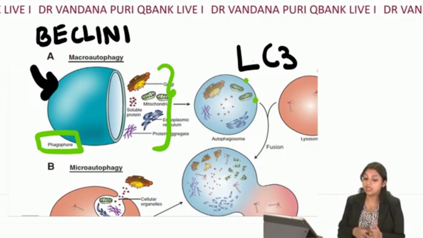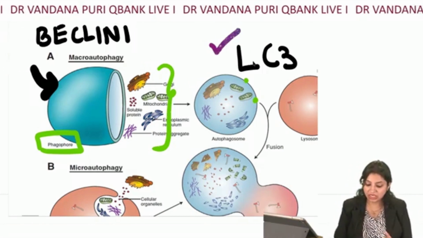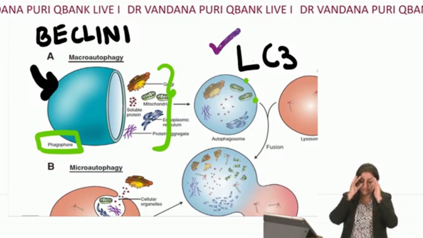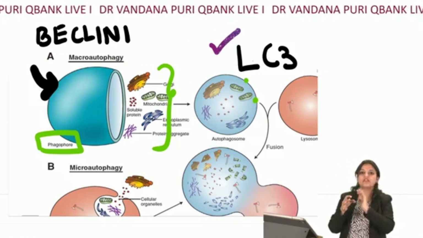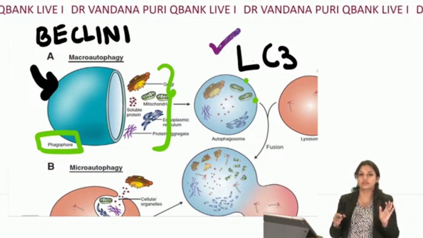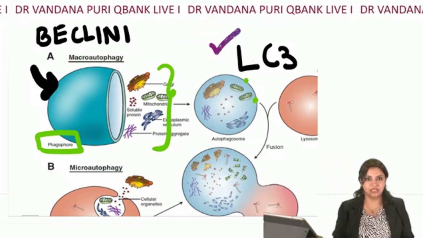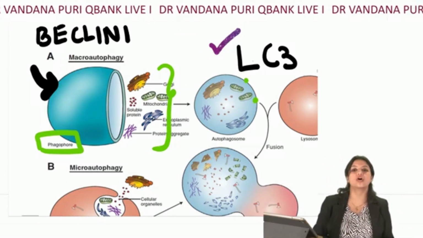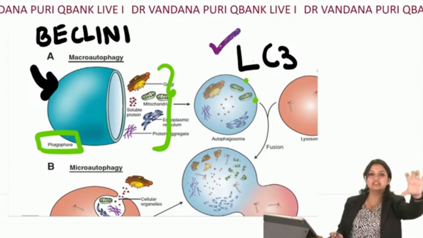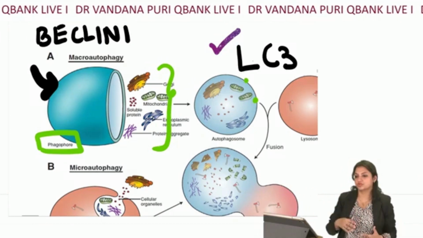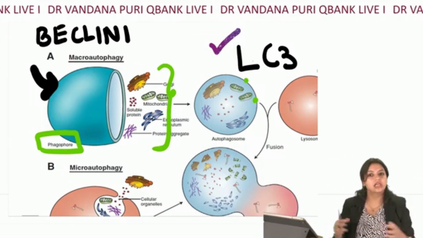Whenever LC3 levels are increased in our body, it is a very, very strong trigger that your body is undergoing autophagy. So what is the marker of autophagy that we use? LC3. Once this phagosome is formed, it is fused with a lysosome.